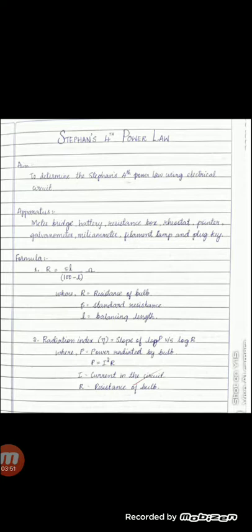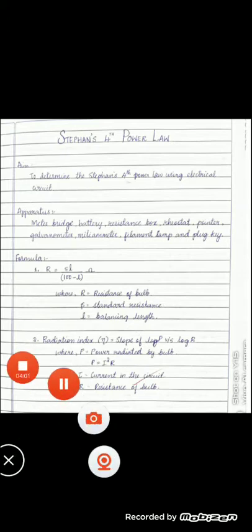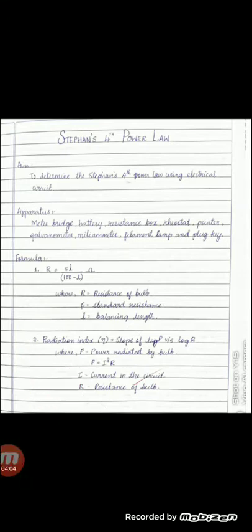Before that, let us know the formulas. In order to find the radiation index, firstly we should calculate the resistance of the bulb in every trial.